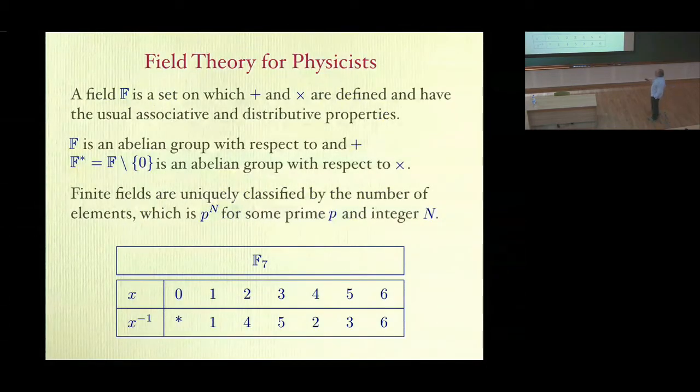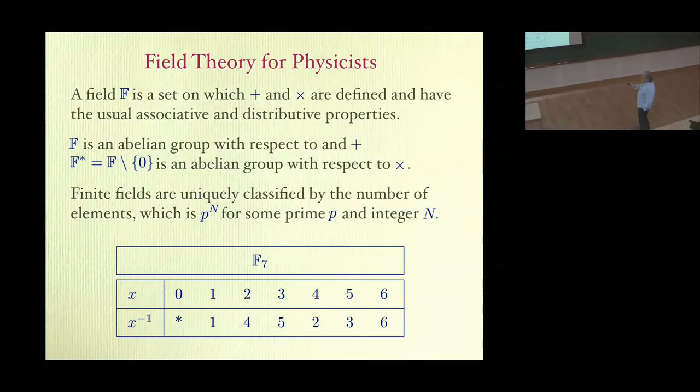You can think of this as the integers mod 7, and think of F star, you drop the 0, and then indeed every element has an inverse. So 1 times 1 is 1, but 2 times 4 is 1, mod 7. So 4 is the inverse of 2, 5 is the inverse of 3, and 6 is the inverse of itself. So F7, the field of integers mod 7, is a field.